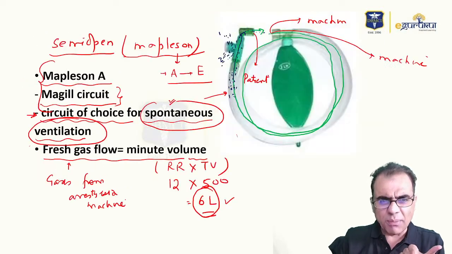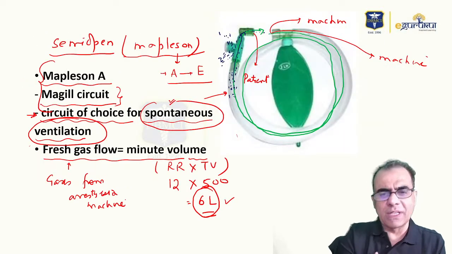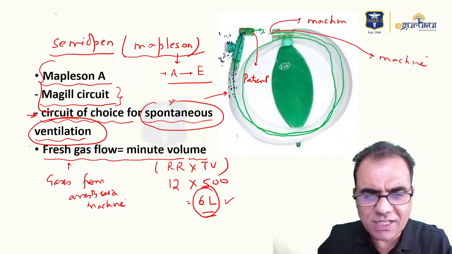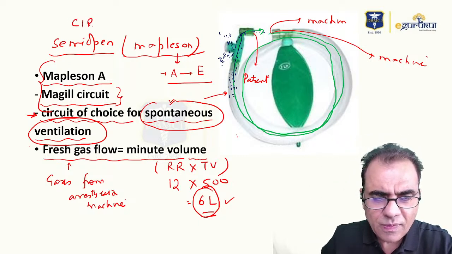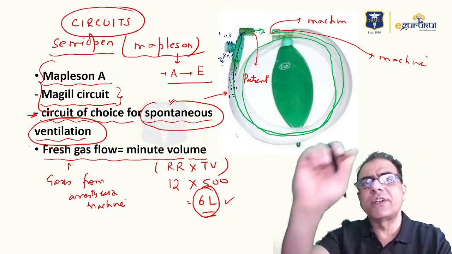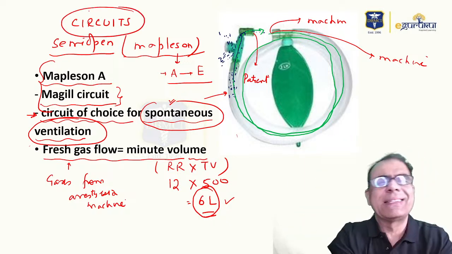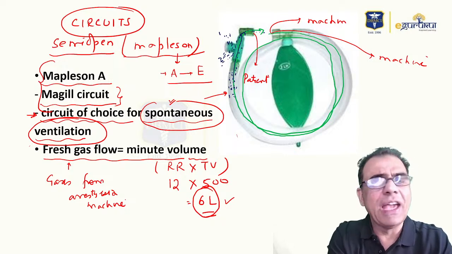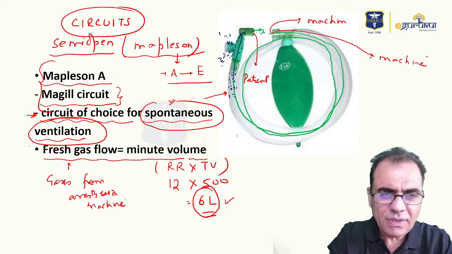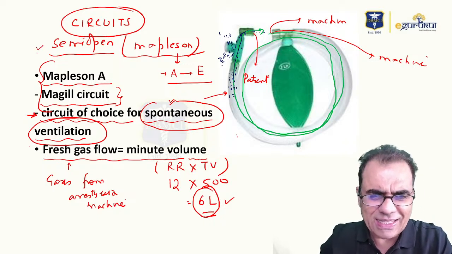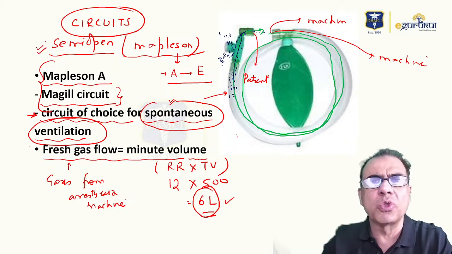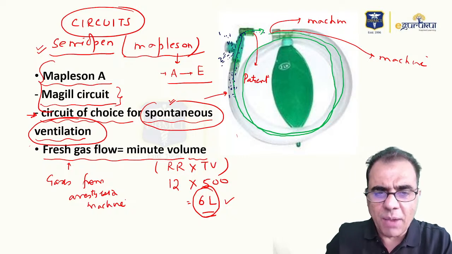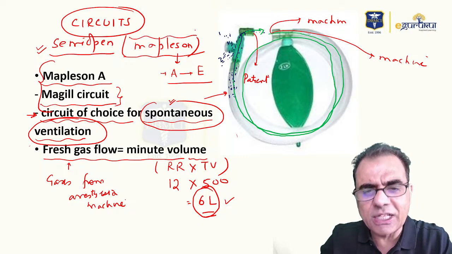So just to summarize these semi-open circuits, first, what are the circuits? Circuits are nothing, they are just the tubings which connect the anesthesia machine to the patient for the delivery of the anesthetic gases. And broadly you can say they are classified as semi-open, semi-closed and closed. So semi-open circuits were described by the scientist Mapleson.